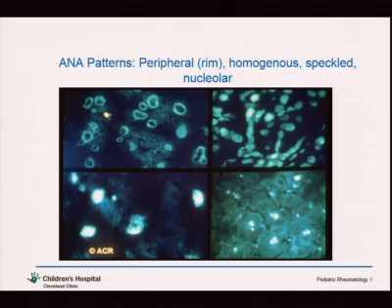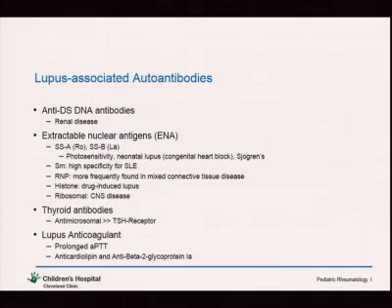So in the lab, they're looking at the antibodies and how they fluoresce and attach to cells, and they can have a rim pattern, a homogeneous pattern, a speckled pattern, and a nucleolar pattern. Nucleolar tends to be a false positive, but it's also associated with scleroderma. Keeping that in mind, homogeneous and speckled are kind of nonspecific and don't really help that much diagnostically.